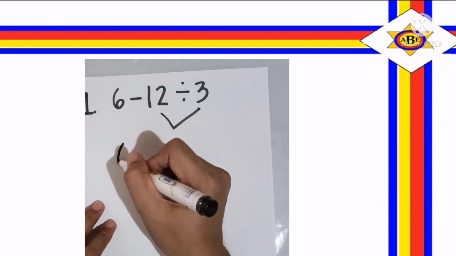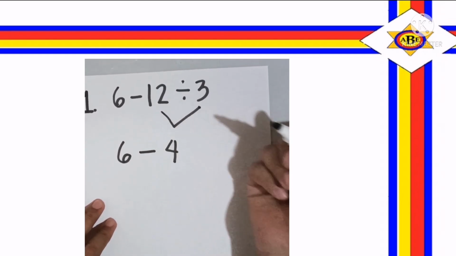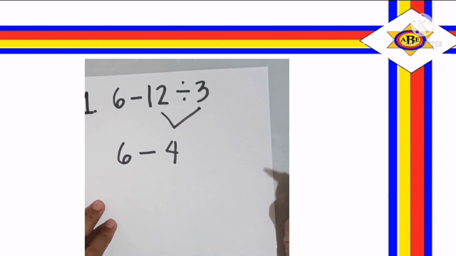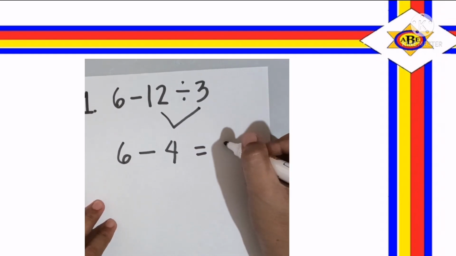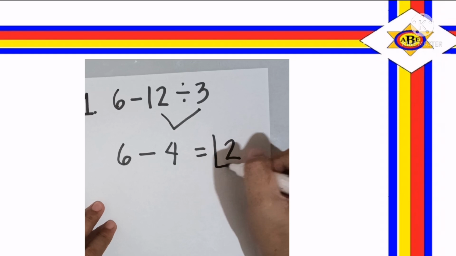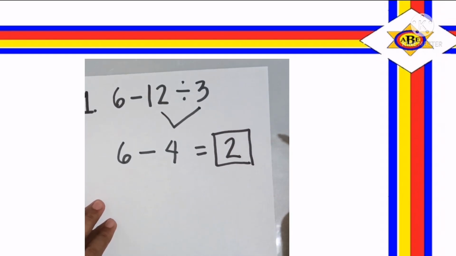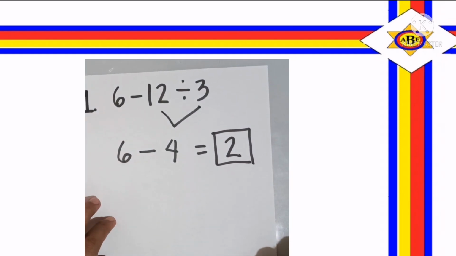So, copy the 6 and the subtraction operation. What's our answer then? 6 minus 4, that is positive 2.